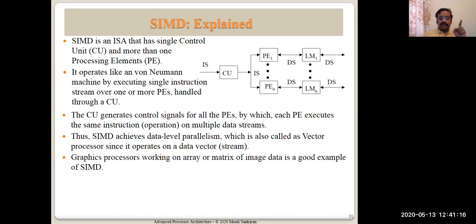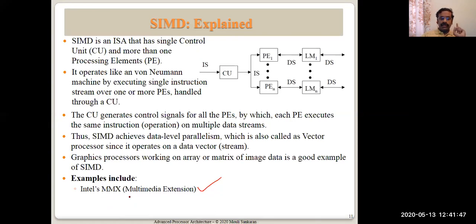Graphics processors, GPUs, fall under this category. Normally GPUs have multiple cores inside them and they all do the same job simultaneously. Let me give some popular example processors in the market. This was introduced way back in 1990, if I remember correctly. It's called the MMX extension.